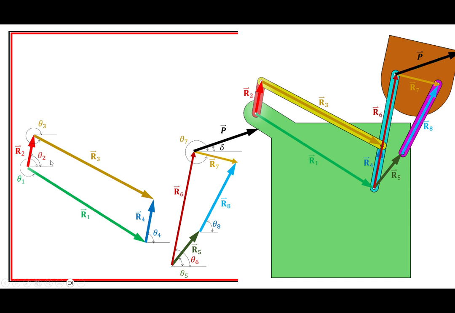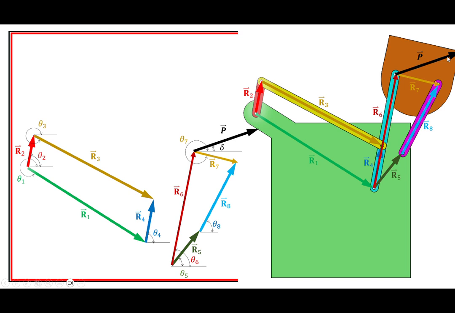And then all of the angles are numbered theta 1, theta 2, theta 3, theta 4, and then likewise theta 5, theta 6, theta 7, theta 8, down here, always making the angles at the base of the vectors.